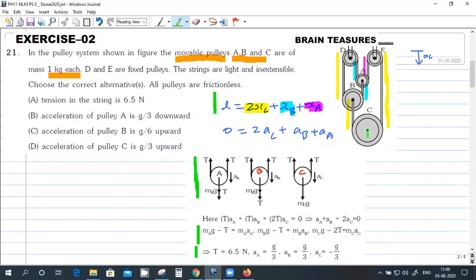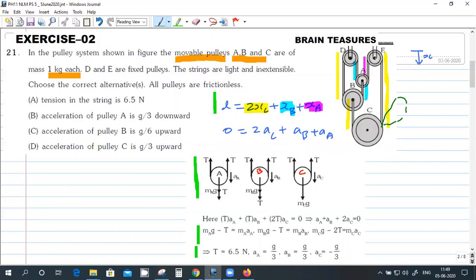So C is moving up. Okay. And A and B are moving down. Right? That's possible, no? See, when C is moving up, yes, the string will slack like this.